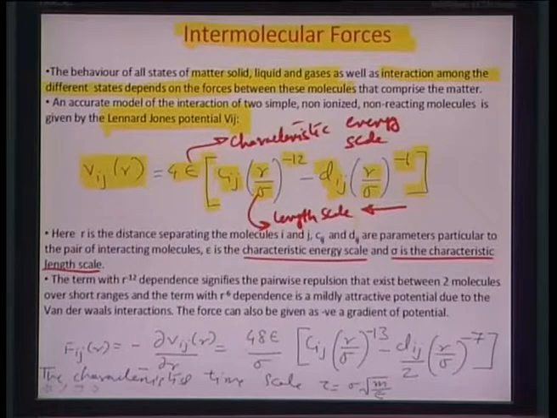So, this minus 12 term would signify the pairwise repulsion that exists between two molecules, and these repulsions, as you all know, are because of inter-electronic repulsions between the two molecular systems.